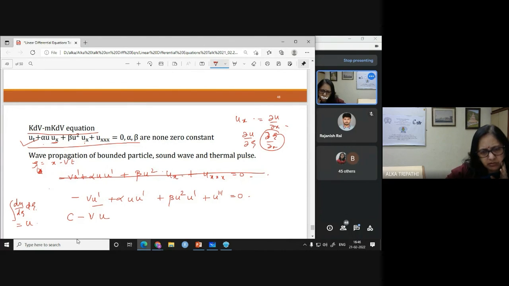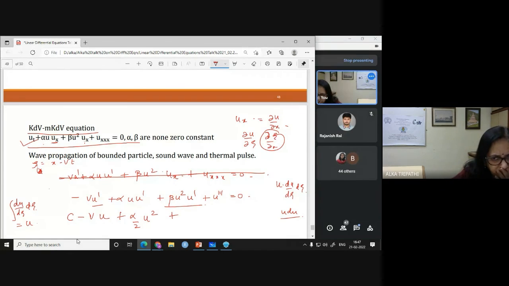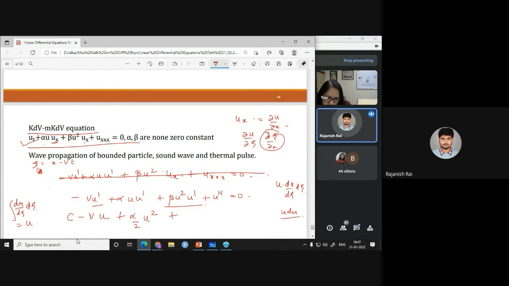So this will be minus v u, plus the integral of u u dash, that is u du, which gives me 1 by 2 u square, or alpha by 2 u square, plus the integral of the third term, which will be beta u cube by 3.